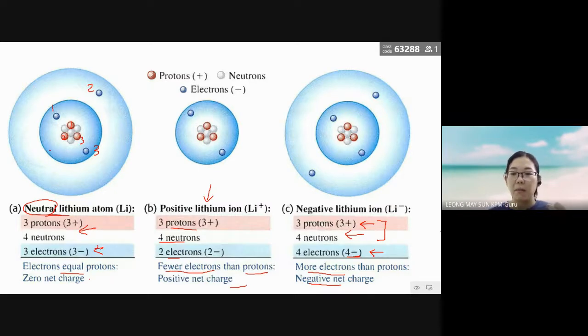If it has more electrons compared to protons, then it is a negative charge particle. So that is where positive charge and negative charge comes from. So again, one thing that we notice is that physics still goes back to atoms.